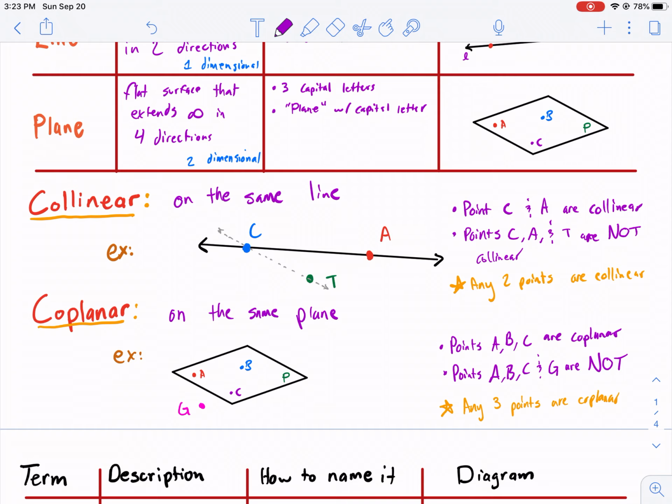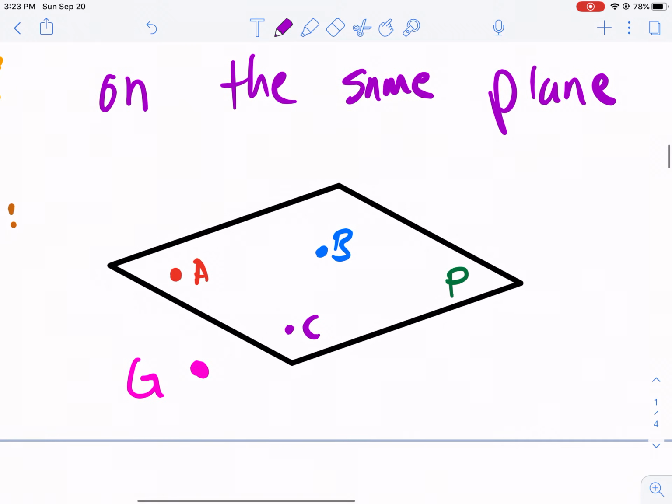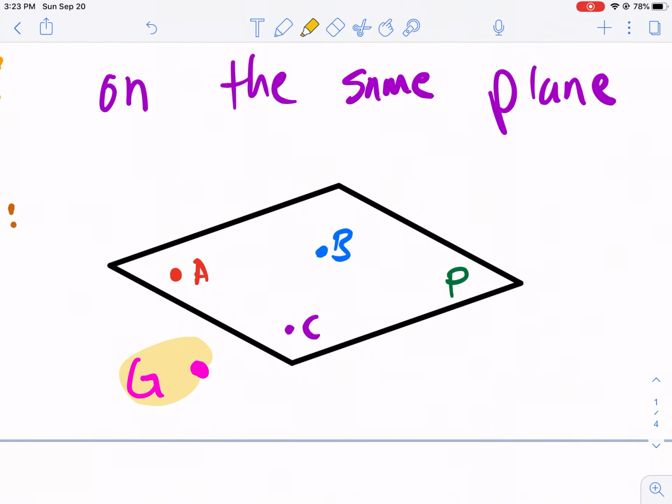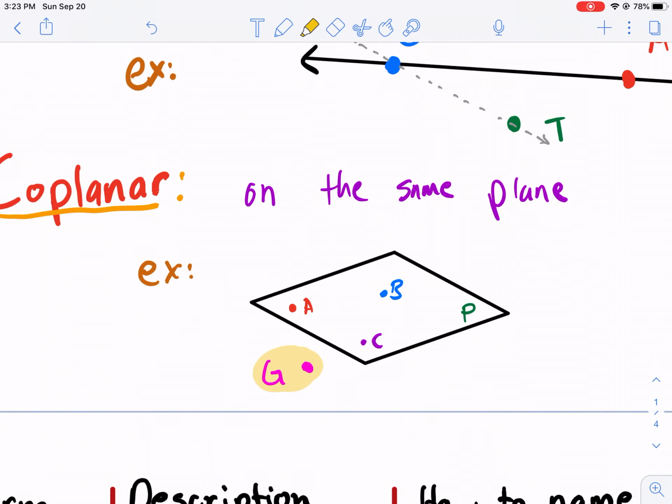So they're not. When you have a 4th one and it's outside the plane as demonstrated here, I know it's kind of hard to visualize, but this is the best way we can do it in a book on a 2-dimensional surface, is show that this is outside of that 2-dimensional space, where these ones inside the plane are within that space. So these are within the space, this one is outside.